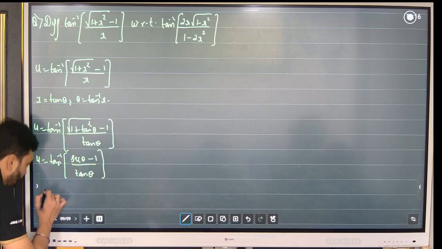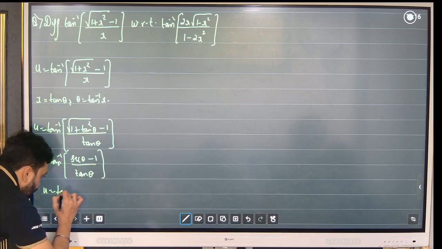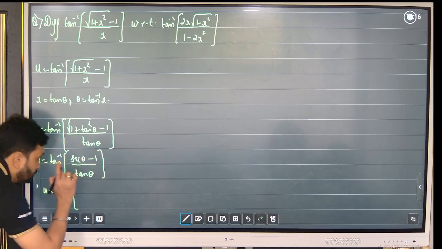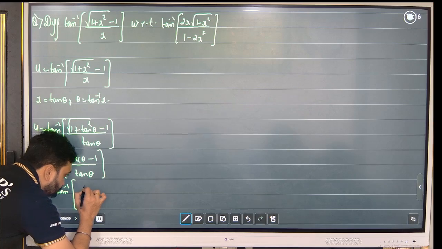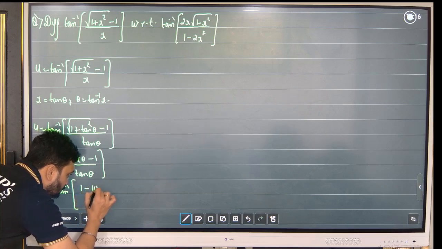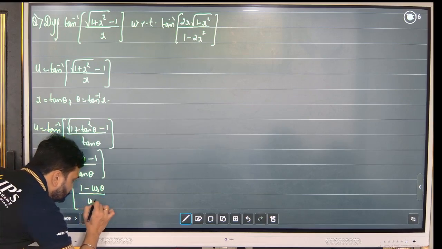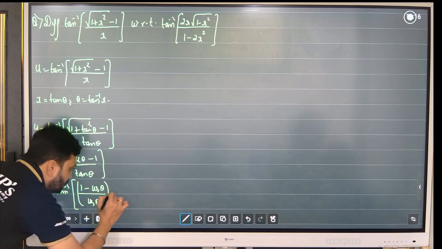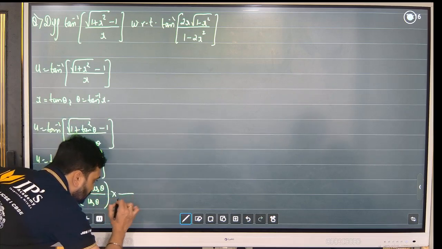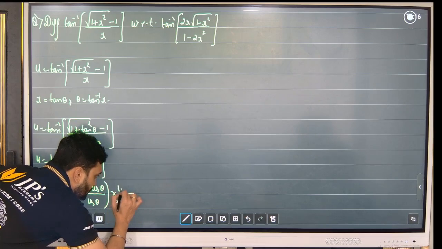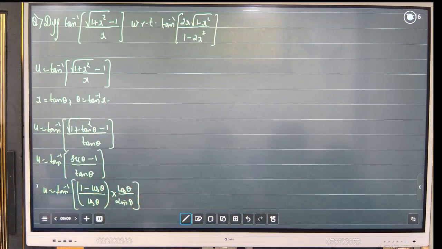Now if I simplify this, u will become tan inverse of, now see, this will become 1 minus cos theta upon cos theta. Did you understand this? Into, what is tan theta? Sin theta upon cos theta. Any doubts here?